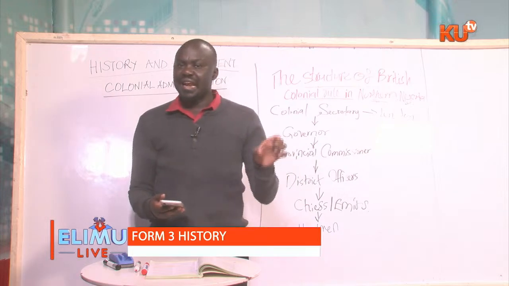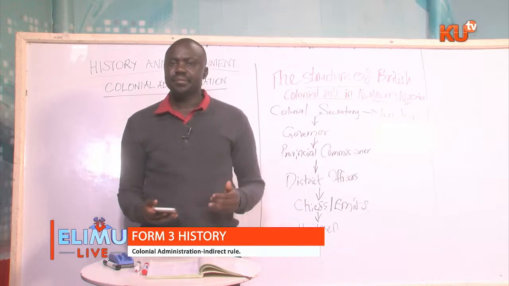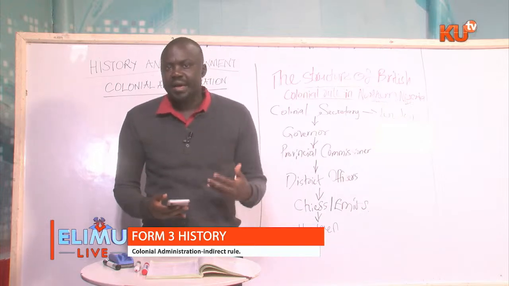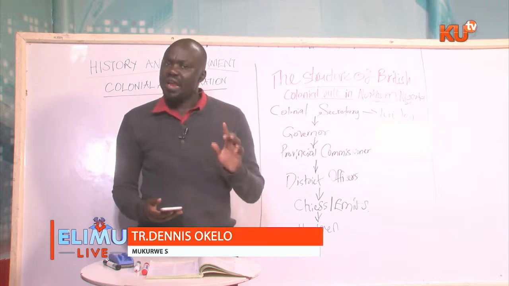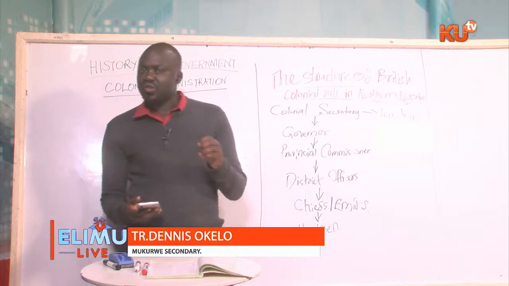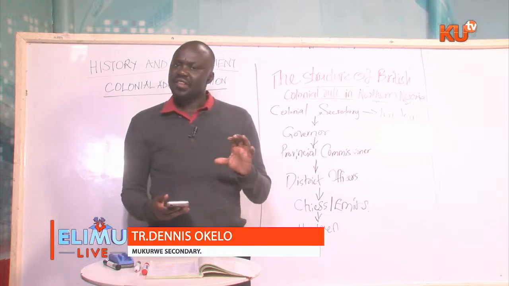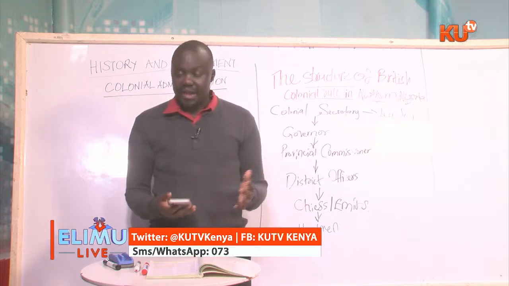So because Sharia law was allowed to continue and the emirs were encouraged to continue with their rules, it meant that northern Nigeria lagged behind in terms of development because of Sharia law. So to date, the southern Nigeria elites are the majority as compared to northern Nigeria.